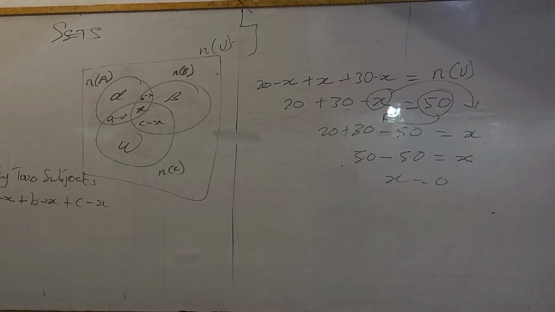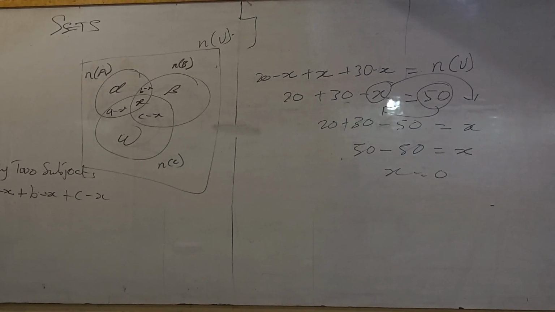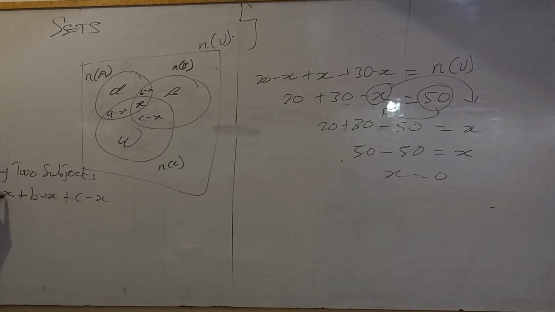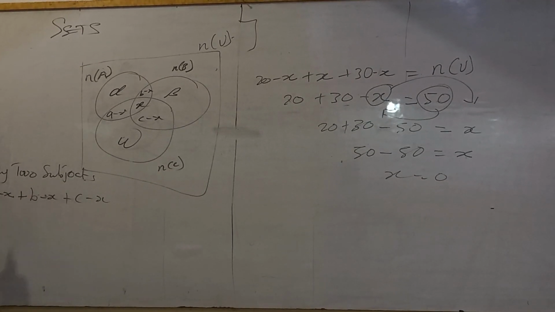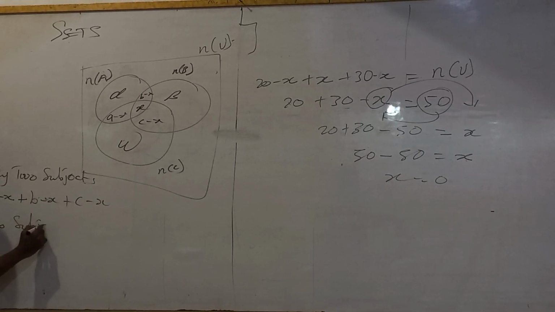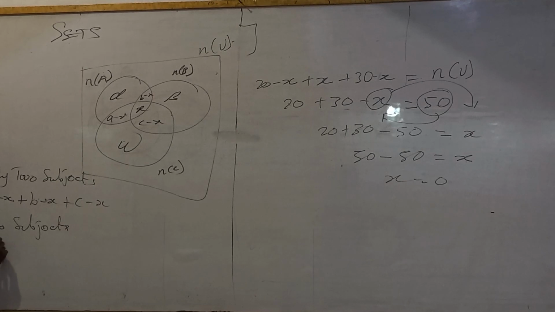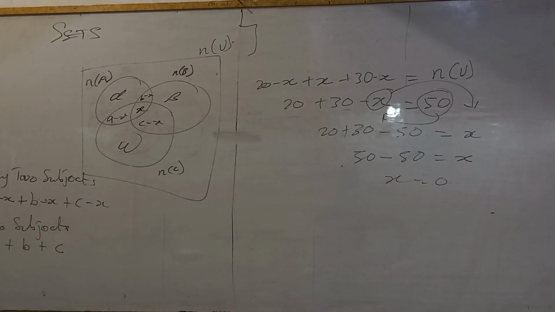Do you understand? When they say 2 subjects, with the exception of the only, with that one you don't subtract the x. So with 2 subjects, it becomes A plus B plus C. With that one, you don't subtract the x. You just add them.